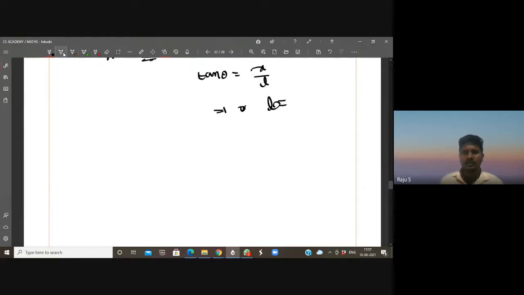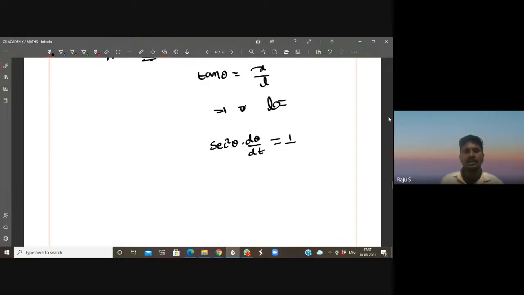I want to differentiate with respect to t. The derivative of tan theta is secant square theta into d theta by dt, and this equals 1 by L times dx by dt.